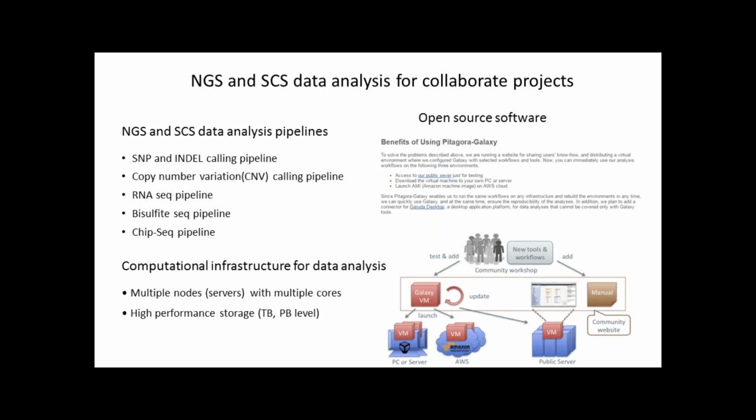It contains multiple nodes and multiple cores, and has high performance storage. Also, we combined the open source Galaxy to different workflow motion. It makes it easier to share the new tools and workflows.